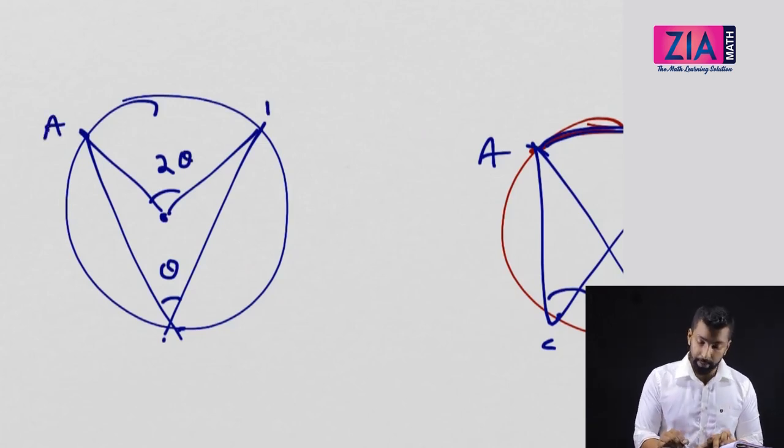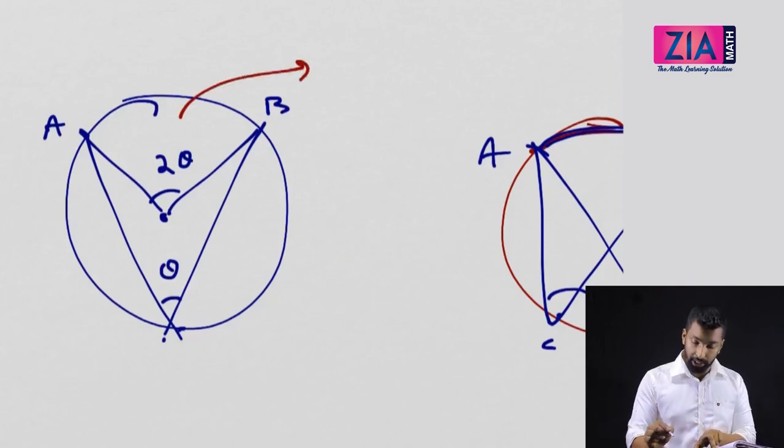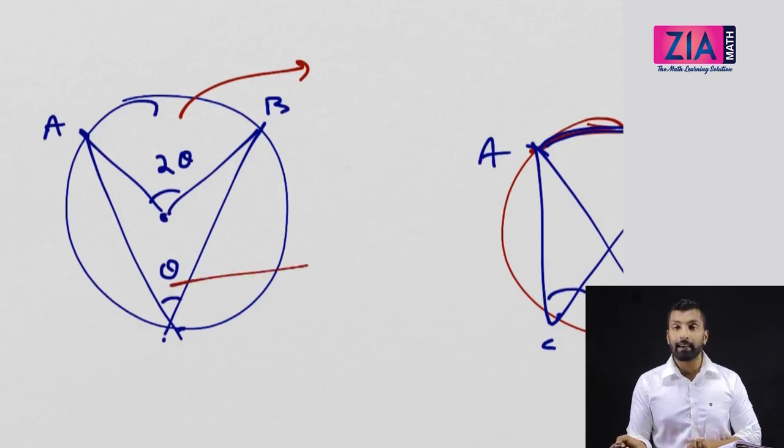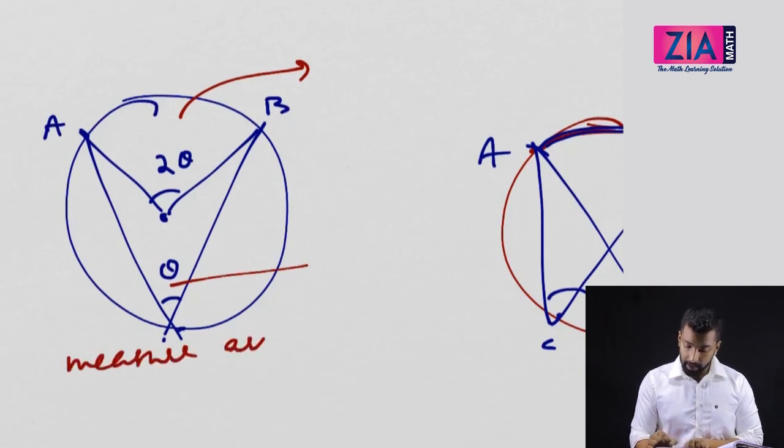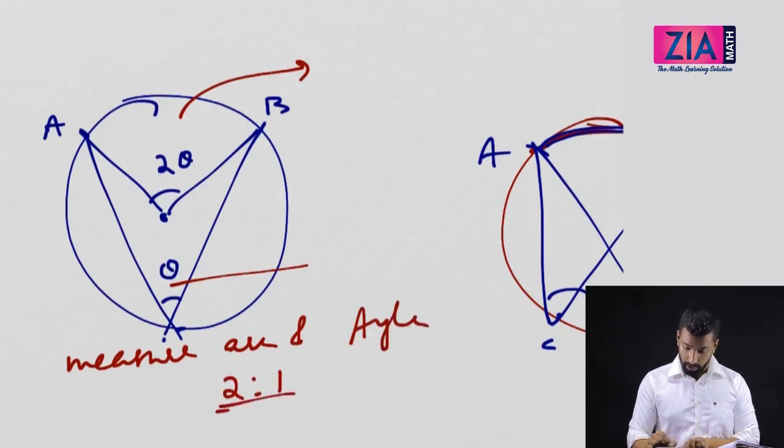So AB is the minor arc, and we call this portion the measure of the arc, and this is the angle inscribed in the arc. So what is the ratio? Measure of the arc and angle inscribed, the ratio is 2:1. So if one is theta, the other is 2 theta.